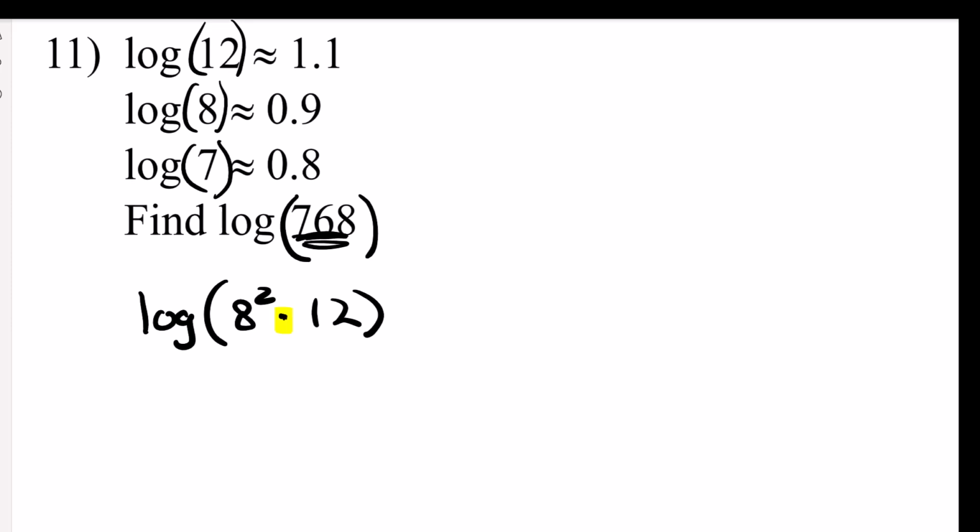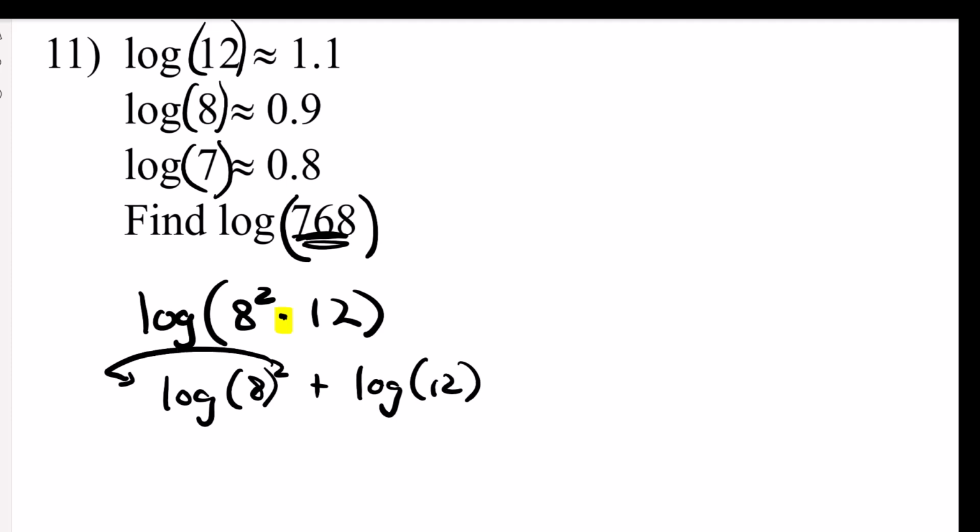So multiplication expands to addition, and this exponent can be brought around in front. So 2 times the log of 8 plus the log of 12, the argument 12.